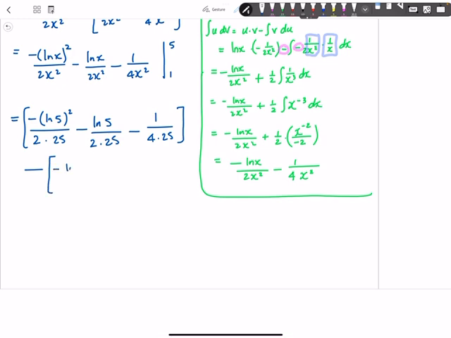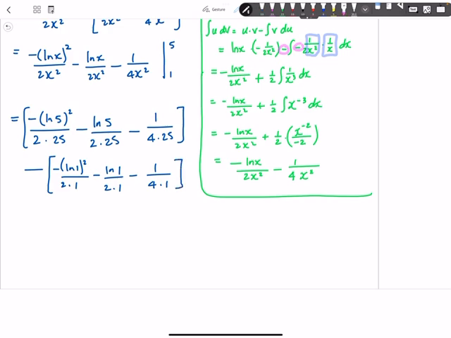I will have minus natural log of, oops, it's not 0, natural log of 1 quantity squared over 2 times 1 minus the natural log of 1 over 2 times 1 minus 1 over 4 times 1.